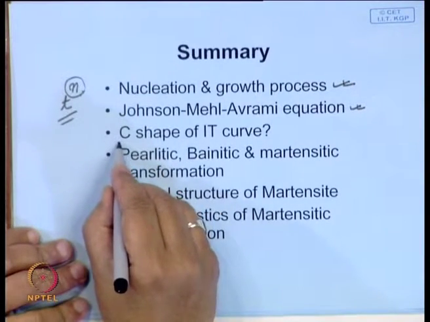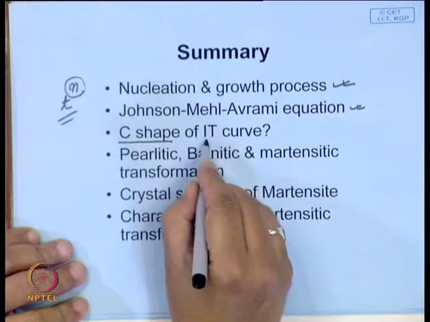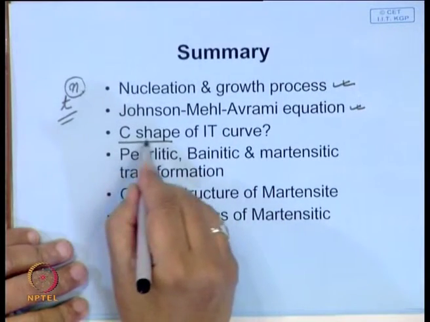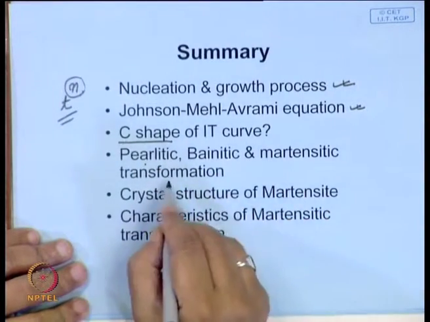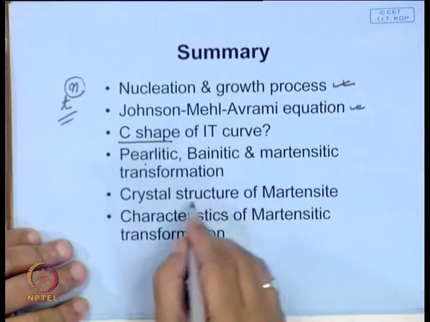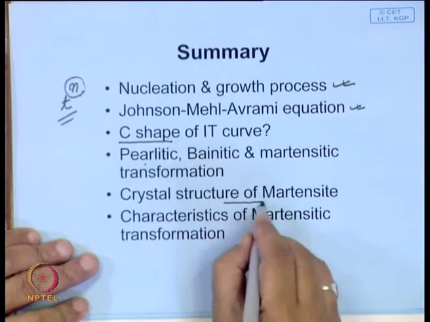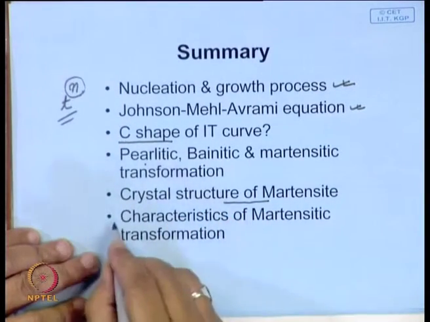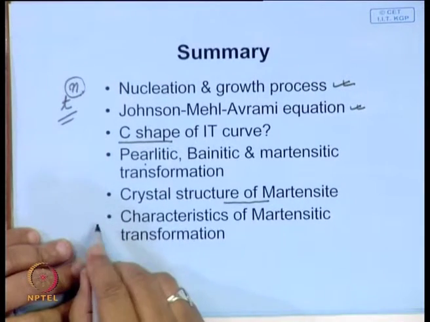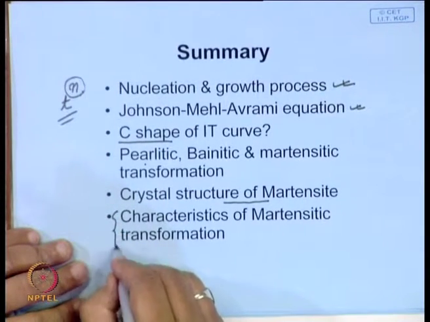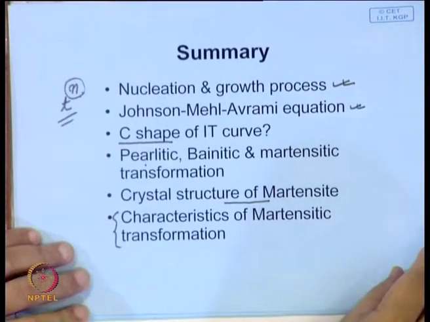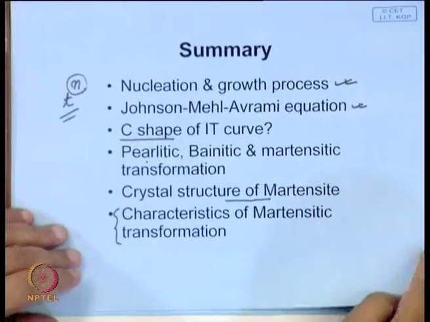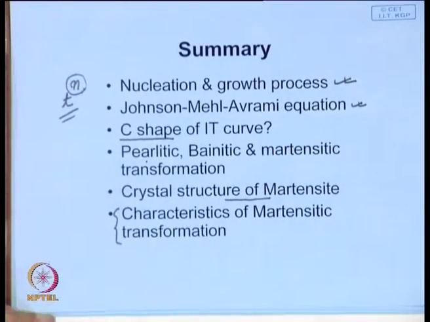We learnt why the isothermal transformation curve has a C shape. We talked about pearlitic, bainitic and martensitic transformation in a little detail. We talked about the crystal structure of martensite, and also some of the characteristics of martensitic transformation. Maybe next class we will talk a little bit about martensite morphology and go beyond that. Thank you very much.